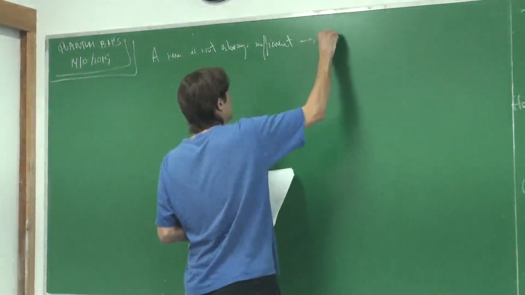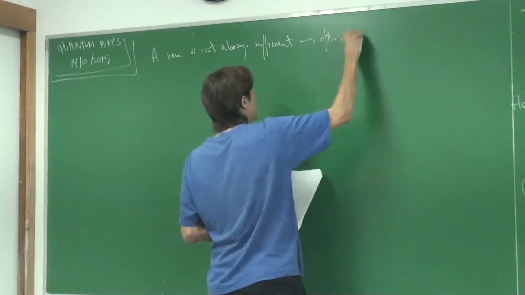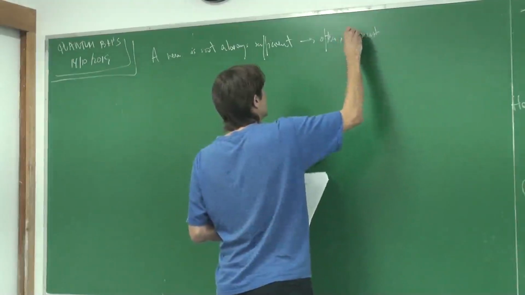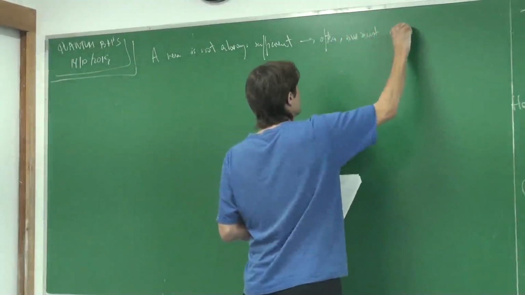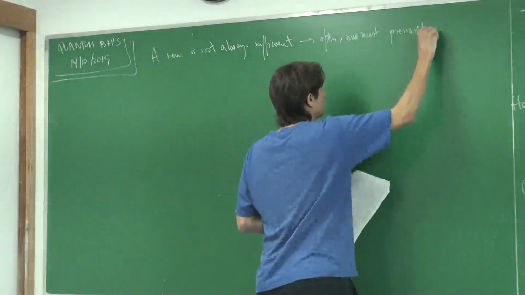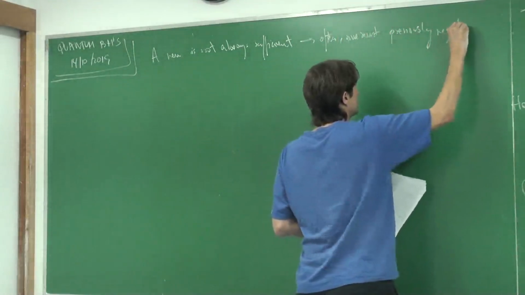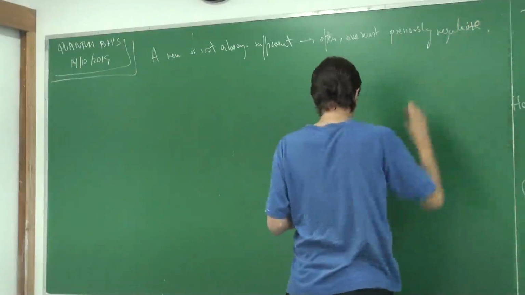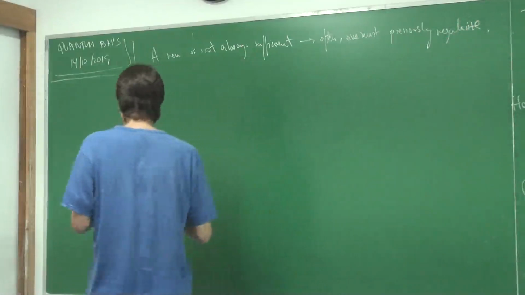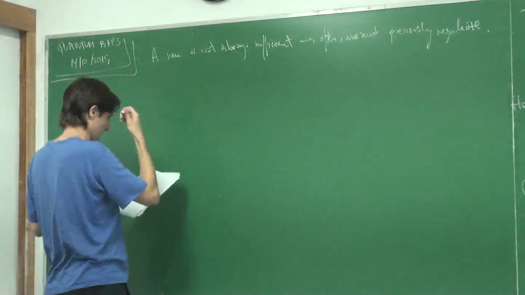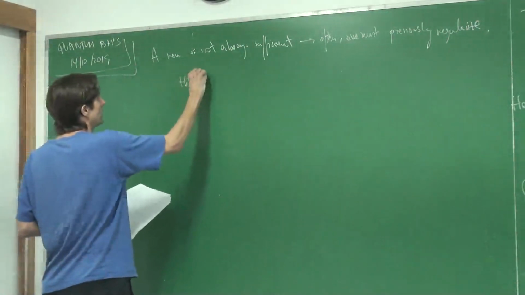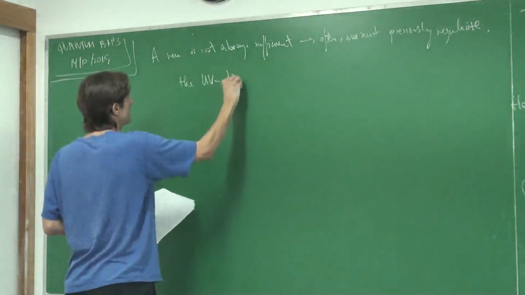Often, one must previously regularize the ultraviolet divergent quantity.